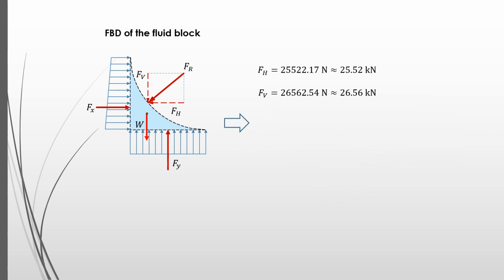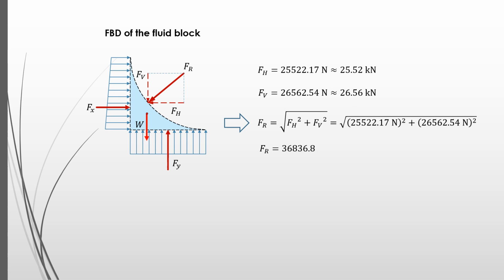The resultant force Fr is obtained by calculating the square root of Fh squared plus Fv squared, and it gives Fr equals 36,836.80 Newton or 36.84 kilonewton. The angle theta, which is formed by Fr with the horizontal, is calculated using tangent theta, which is Fv over Fh.